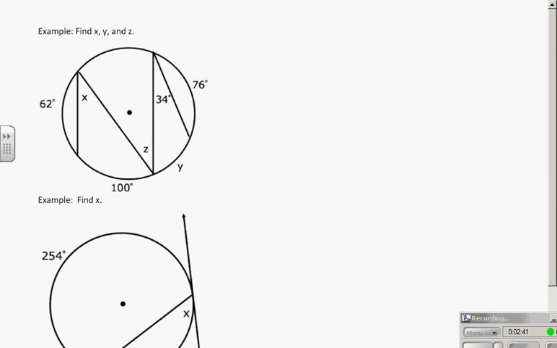So this example seems very large, very complicated, but if we break it down, it's not so bad. The first thing that I see is that angle X is an inscribed angle. Here is its arc. So X is equal to 1/2 of 100, and so X is 50.